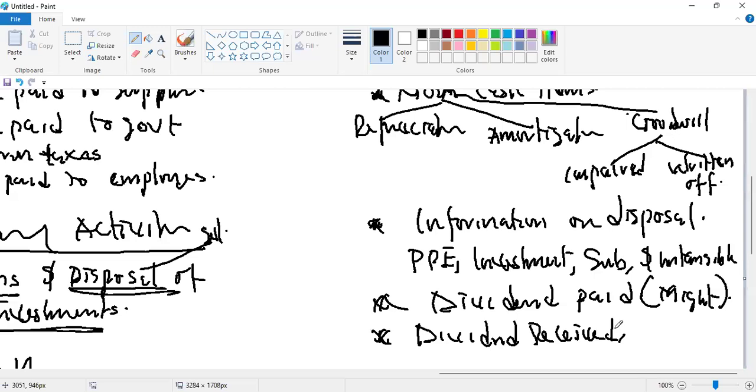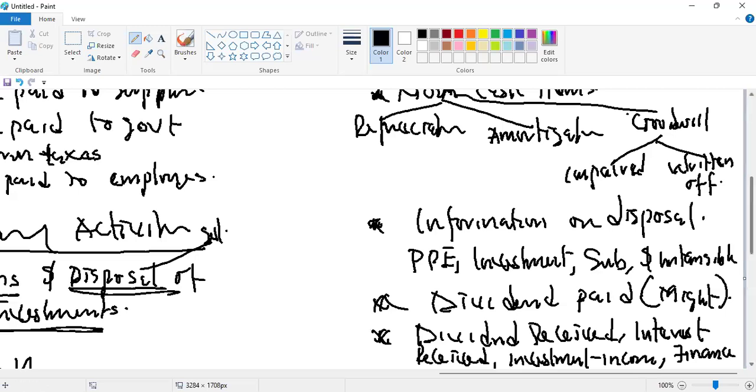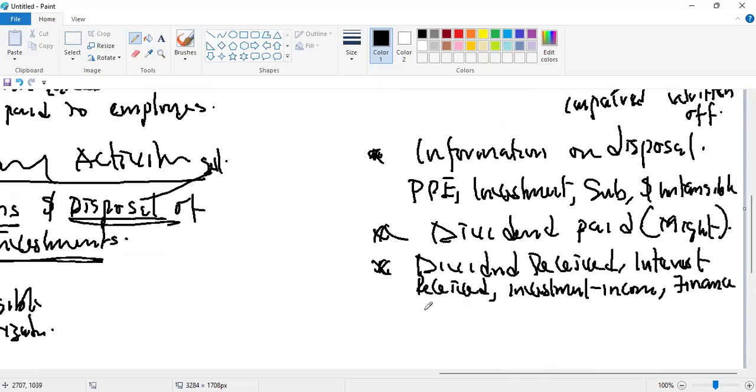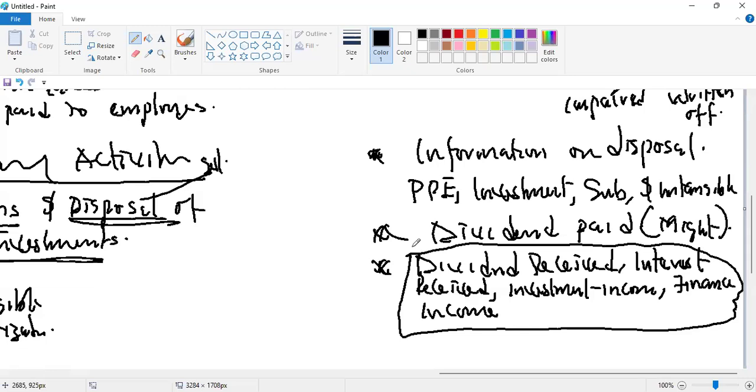If I need information regarding all those, if they are not part of the P or L, if this is not seen in the P or L as a line item, it is waiting for me in additional information.